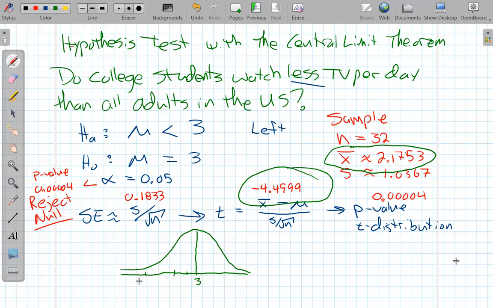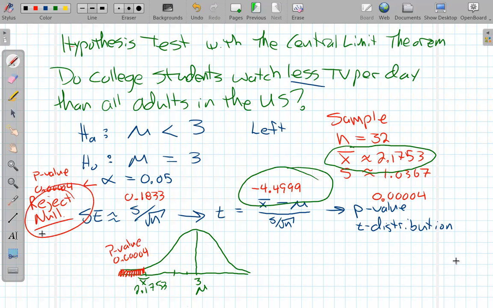So this is my mean x bar of 2.1753. This was mu there. And the p-value is the probability of getting another similar sample that has a lower mean than 2.1753. So that's my p-value, 0.00004, wicked small p-value.